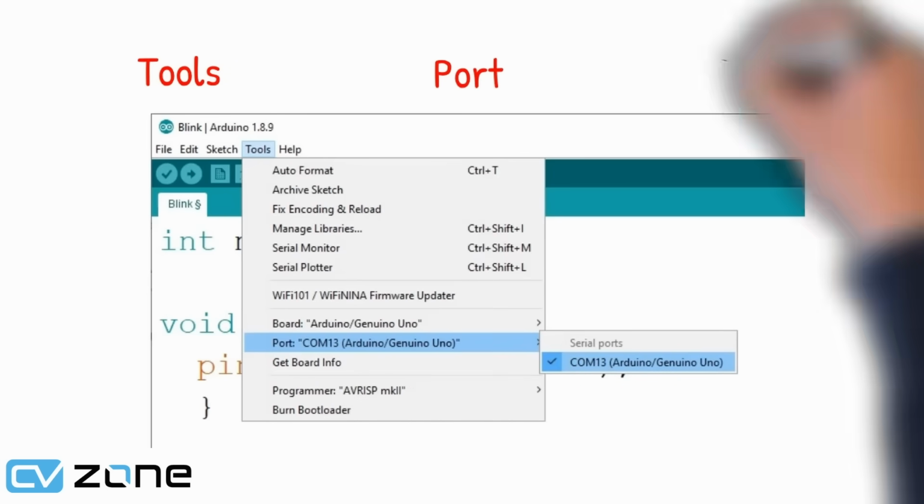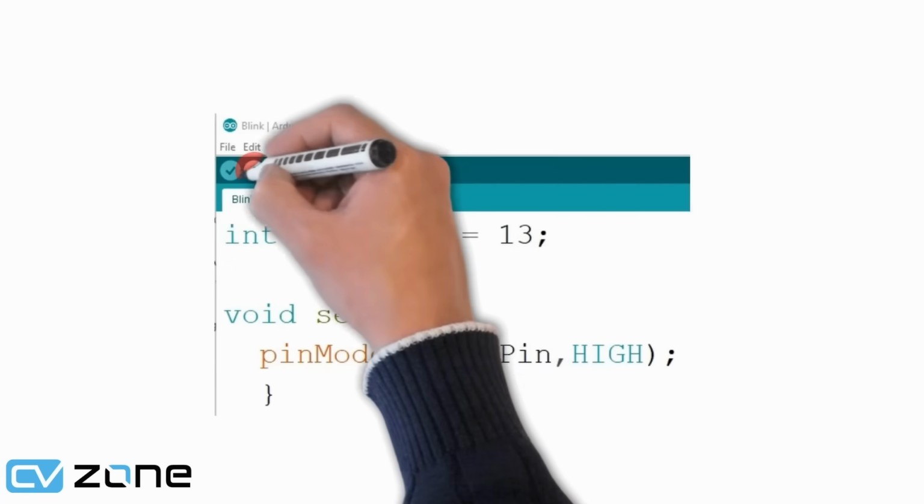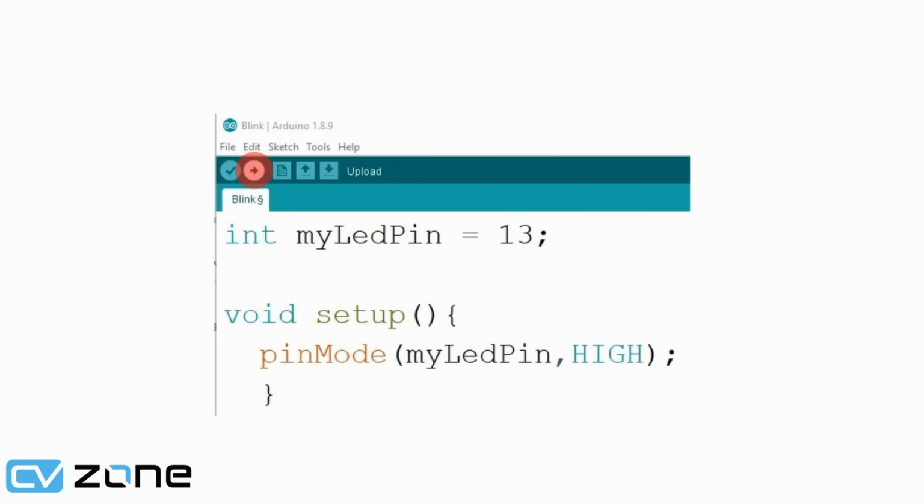Note that you might have a different port number. All you have to do is to make sure that you select the correct port number. Once you have selected, you will see a tick mark next to it. The last step is to click on Upload. And now your Arduino blinking code is uploaded.